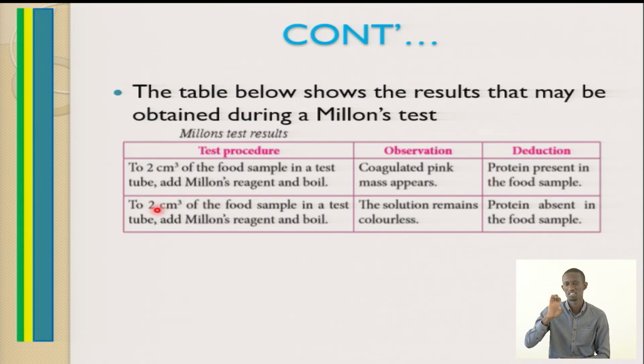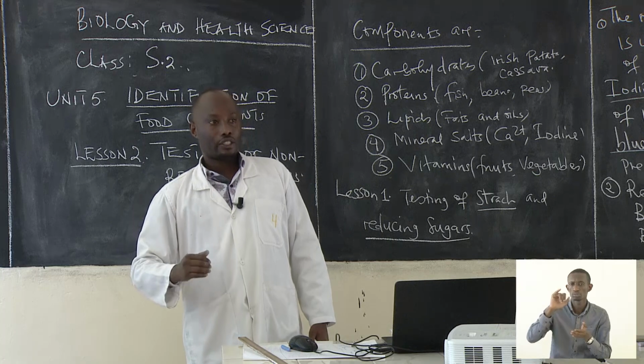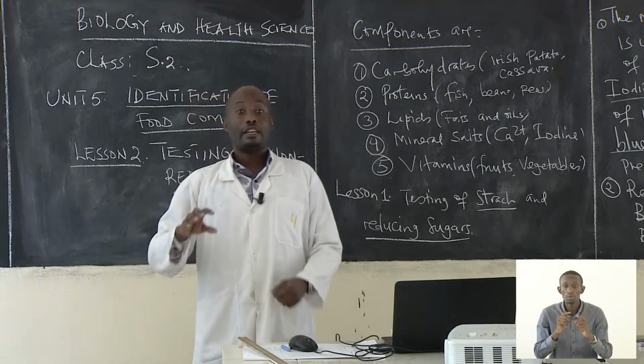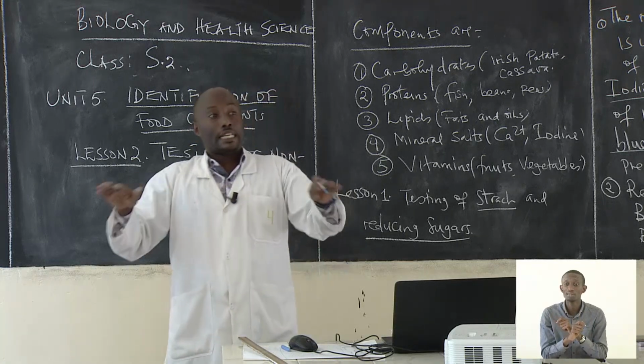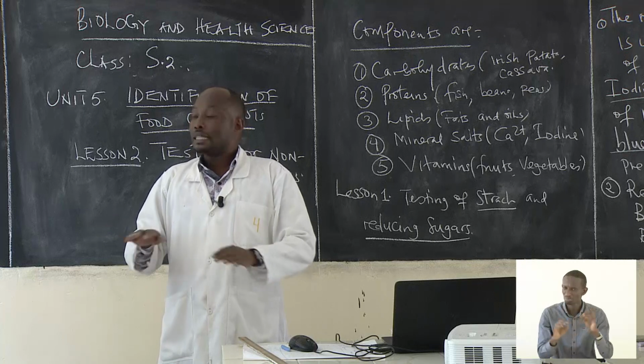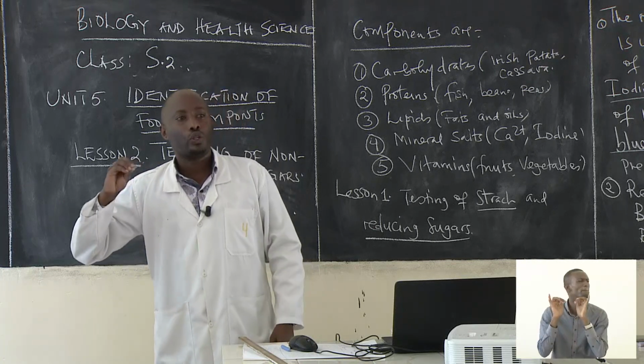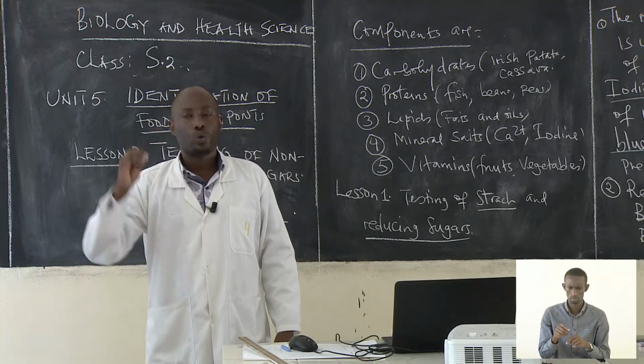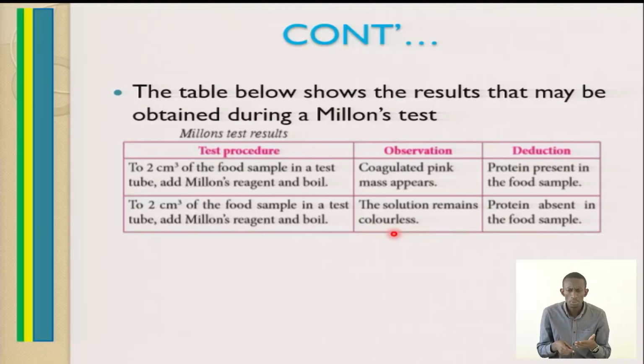When you get 2 centimeters of the food sample in a test tube and add Millon's reagent and boil, the color remains colorless. You add Millon's reagent there, but in the food sample, there is no change in color. The color remains colorless. What do you observe? What is your deduction?